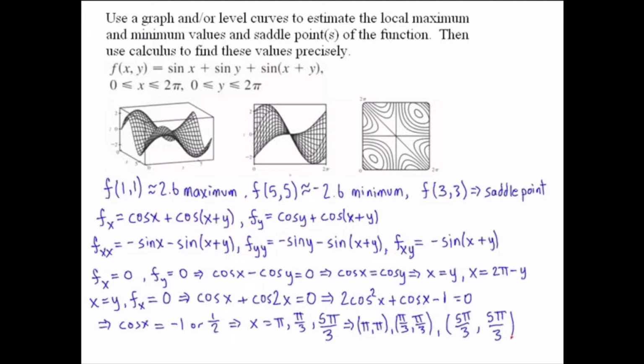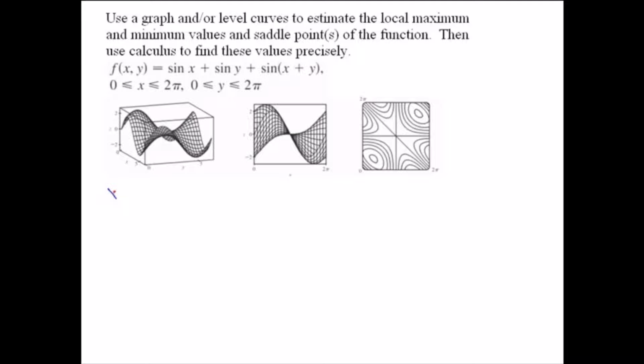For the case where x is equal to 2 pi minus y, and the partial derivative of f with respect to x is equal to 0, we get the cosine of x plus 1 is equal to 0. This gives us the critical point of (pi, pi).